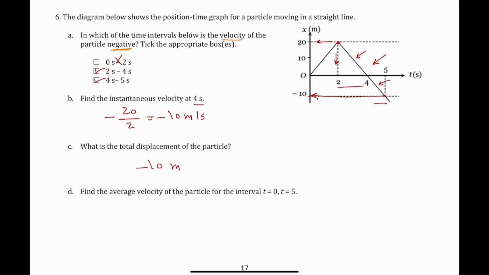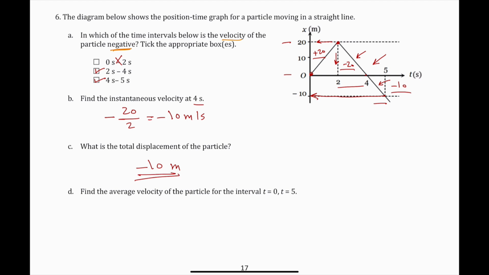Or we can say from this point to this point it's +20, and then from this point to this point it's -20, and then again this position is -10. So we add all together: 20 minus 20 is 0, and then negative 10.